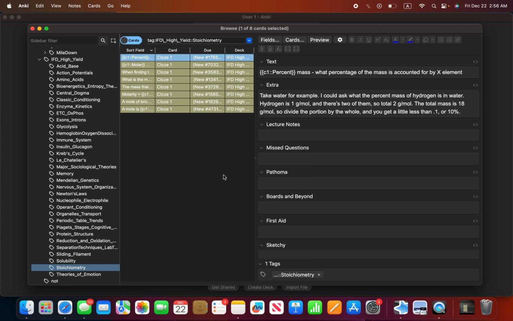The total mass is 18 grams per mole. So divide the proportion by the whole and you get a little less than 0.1 or 10%. 2/18 to be exact, which is 1/9. And yeah, 1/9 is a bit less than 0.1.